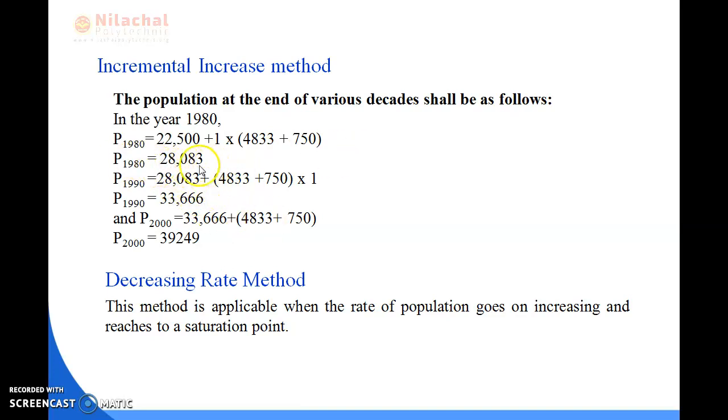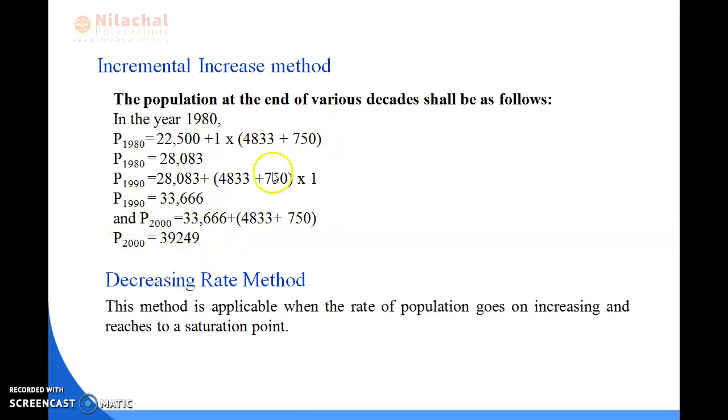The present population we take as P 1980, 28,083, plus 1 into 4,833 plus 750, where n is the number of decades, and we get 33,666. With the same formula for the population in 2000, 33,666 plus 4,833 plus 750 into 1, where n equals the number of decades, P 2000 equals 39,249.